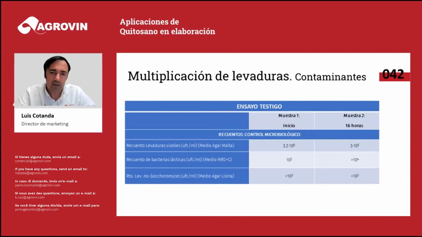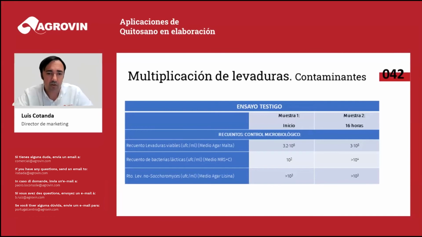With such a nutrient, we saw that there was a considerable increase in the population of yeasts to the necessary levels in a multiplier, but we also realized that not only the yeasts were growing, but other microorganisms were also growing. In fact, there was a very important growth of lactic bacteria, and we also saw that the presence of non-Saccharomyces yeasts was also high.